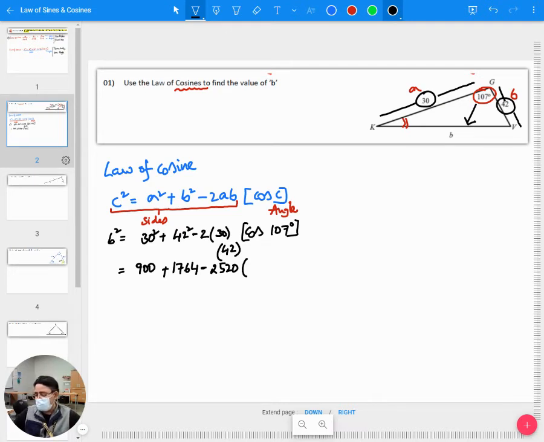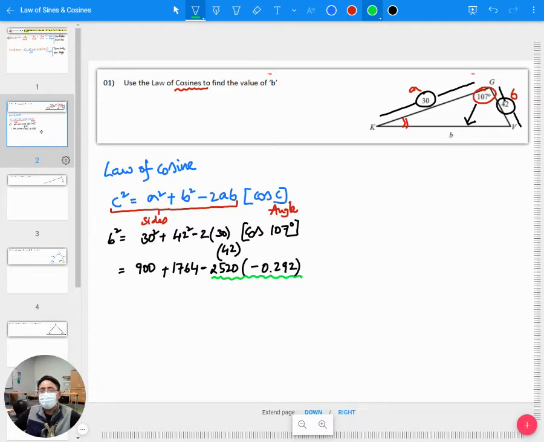Cos 107 is negative 0.292. You know PEMDAS; in PEMDAS, we go for multiplication first.